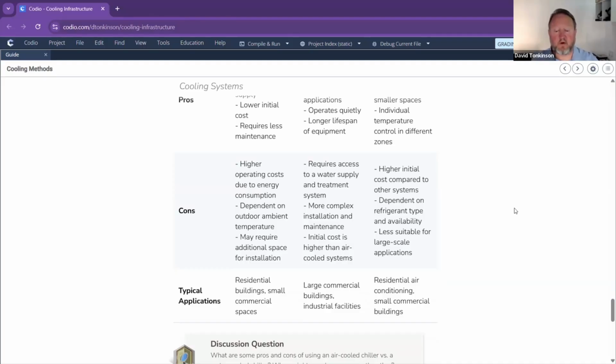So installing them is quite expensive. And it does depend on the refrigerant type available. Okay, now we are getting more and more restricted over which refrigeration type we should be using. The price is basically varying in there. So they are less suitable for large scale applications, but really good for smaller scale applications where you want to maintain the control on the temperature in different locations. These are great for your residential air conditioning and small commercial buildings.